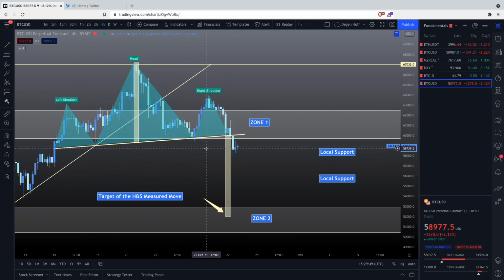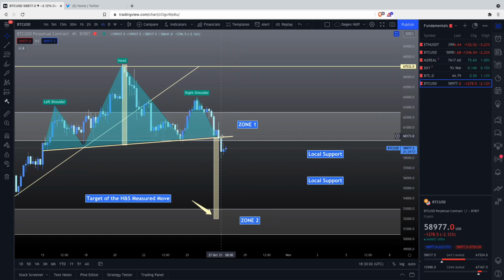So once we attach the neckline, if we fall and close below the neckline at a certain price, the likelihood of this playing out, the full pattern, is very high. So in this instance here, it depends on how you draw the neckline, but I did my best to line it up. And you'll see here on this candle, we close below the neckline.